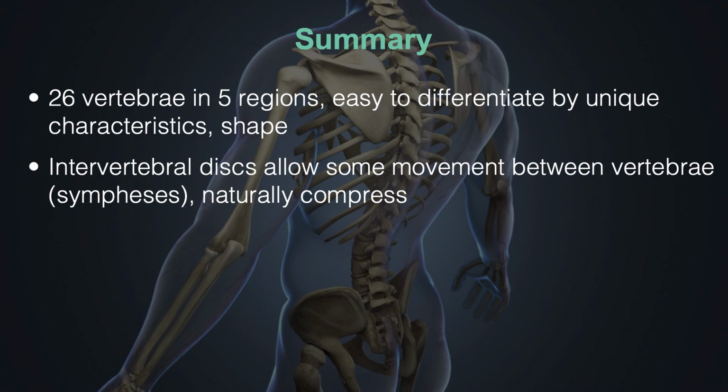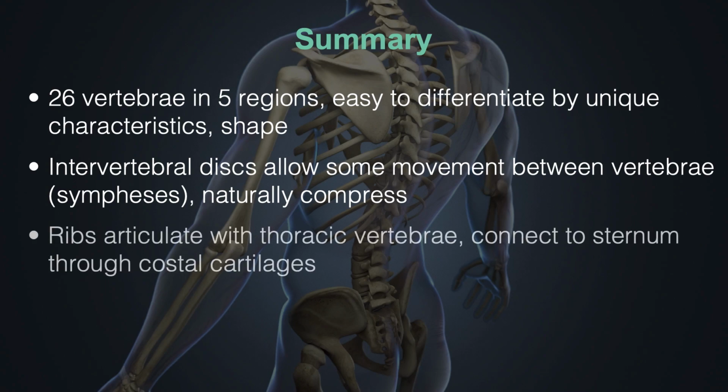Being on the midline, they are symphyses. They compress naturally throughout the day, and then they expand at night when you unload them. It's the combined small movements at each disc that allows us to laterally flex so far, or bend over at the waist and flex the spine as much as we do.